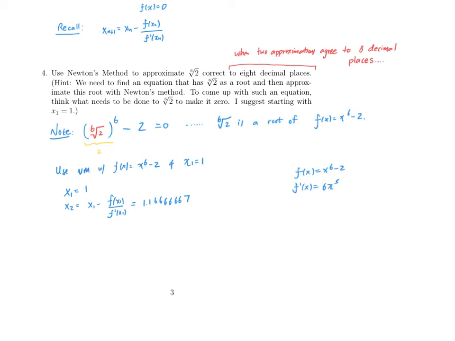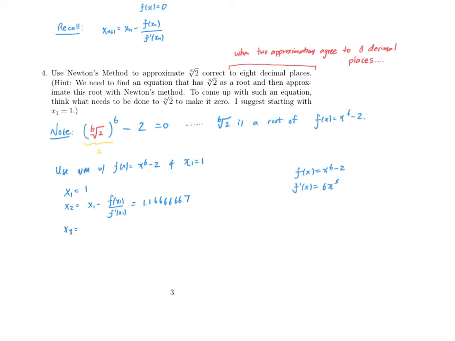And I have simply substituted 1 into the desired functions and put it into my calculator. And I'm going to keep doing this process over and over again using this generic formula that we have for Newton's method. So I'm using my calculator.